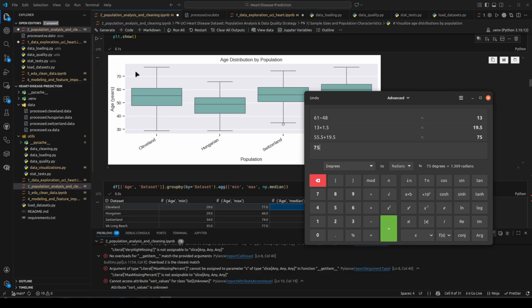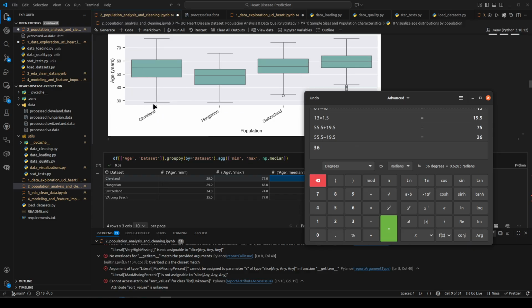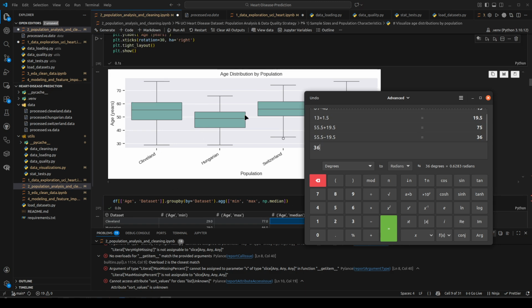Well, here we see 75, which is this top value over here, and if we say minus, then we have 36, which is actually quite strange because that is not at all what you would expect, given that this is 29. So maybe this one's actually a larger range, I'm not sure. Maybe it's times 2.